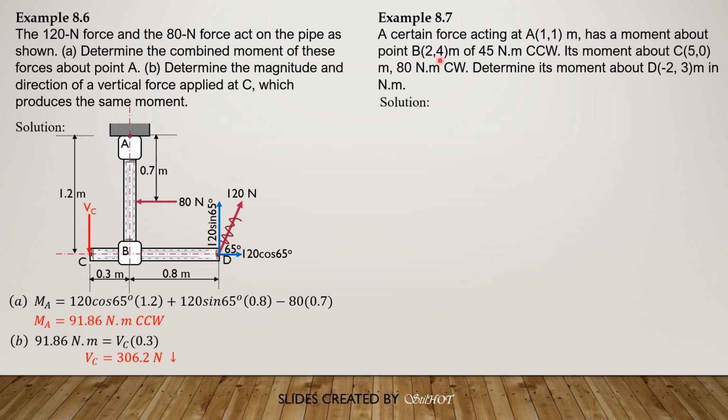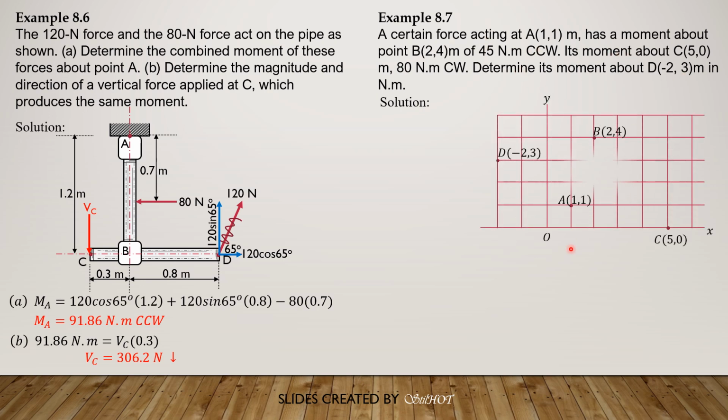So first, let's plot all these points and let's analyze the direction of the force so that it satisfies the given conditions. So these are the points, and the force is acting at A. For the force at A to produce 45 Newton meter counterclockwise, it should be under B, like that.